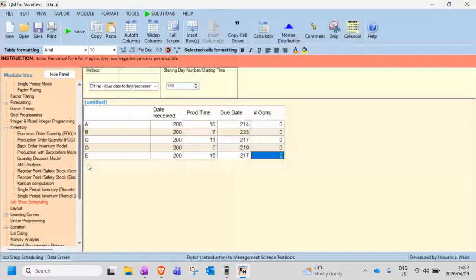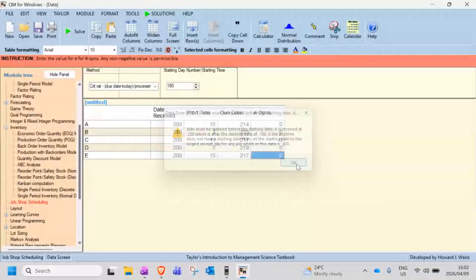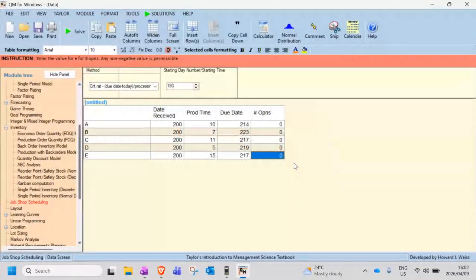Critical fact, solve. Jobs must be received before the starting date. A received date, starting. Also, received is 180, in other words, that's what you're saying. 180, 180, 180. Yeah, it makes sense.